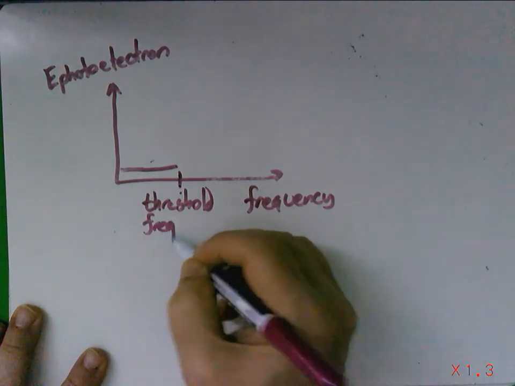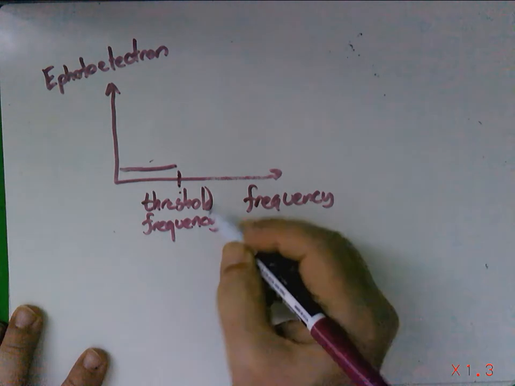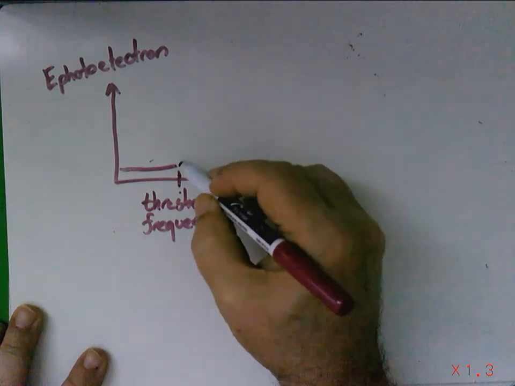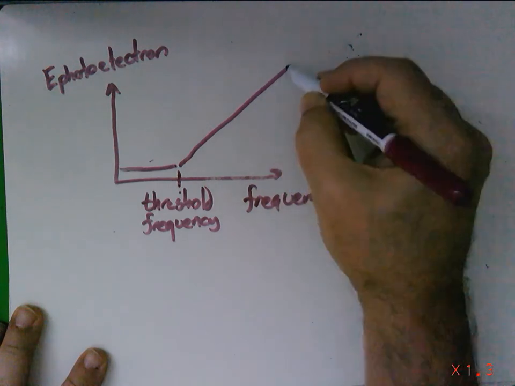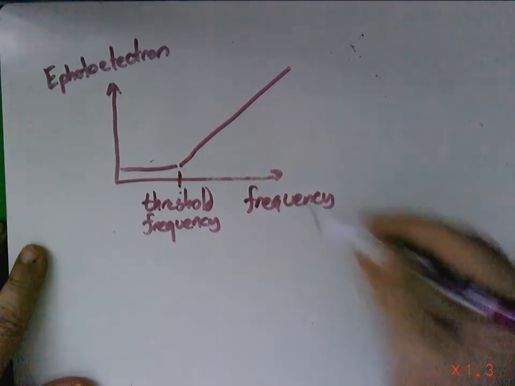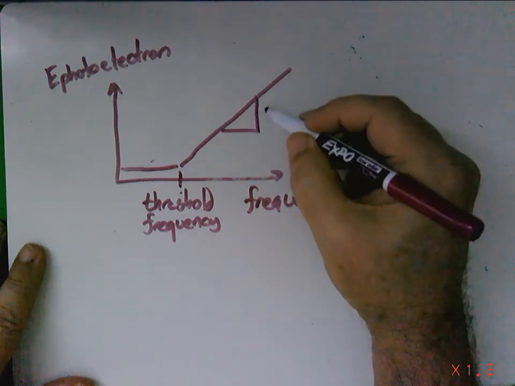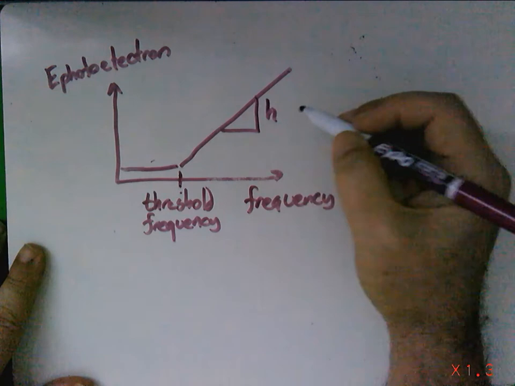So until you reach that threshold energy, nothing's going to happen. He said, but then after that, it's going to go up like a line. And the slope on this line is a constant called h.